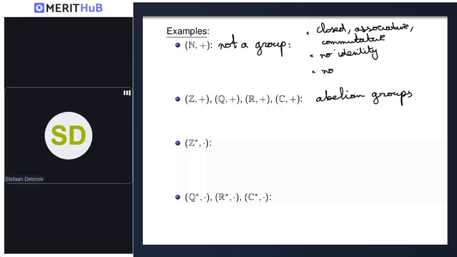And that is really the reason why the natural numbers are pretty much not studied in terms of group theory. They're not very nice to look at. But under addition, the others, integers, rationals, reals, and complex numbers, they're all abelian groups.